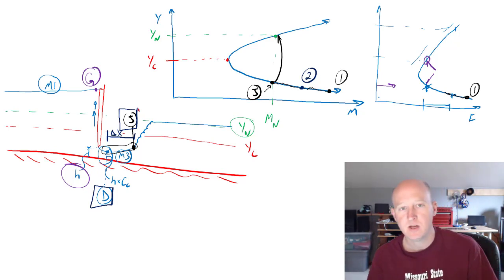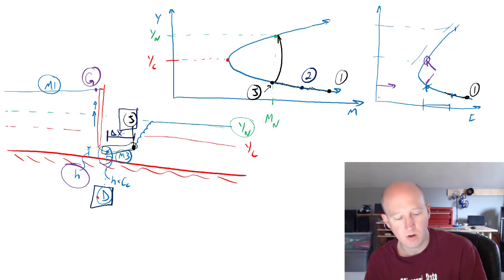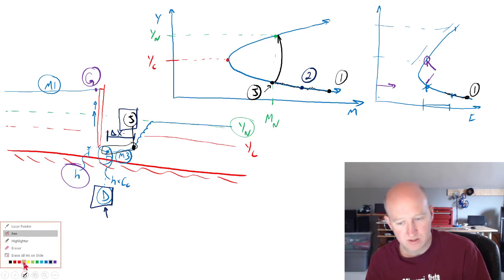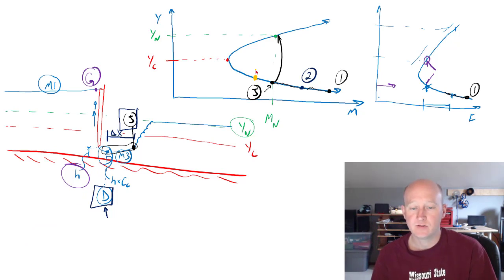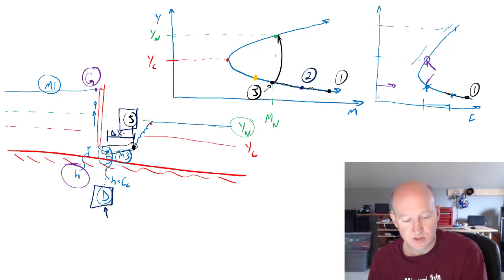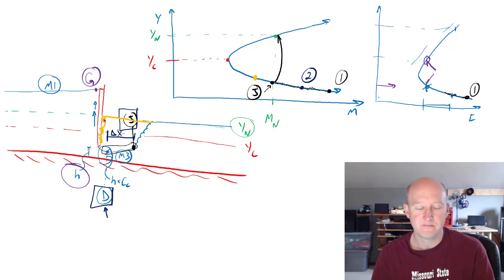At some point, if we raise the gate enough, our momentum as we calculate it at section D would actually be less than at J. And so what that means is that there's no delta X. Essentially, the hydraulic jump has pushed back, and it's now an incomplete jump. It's not a total jump. It's just the water is pressing against the gate.